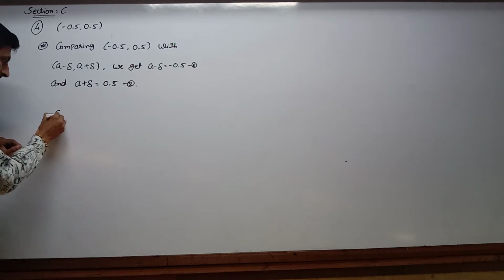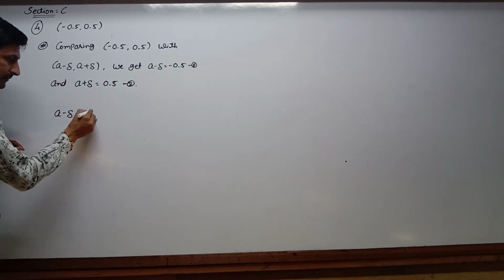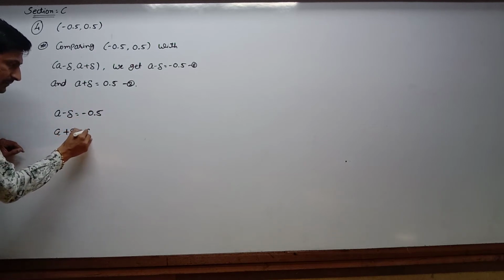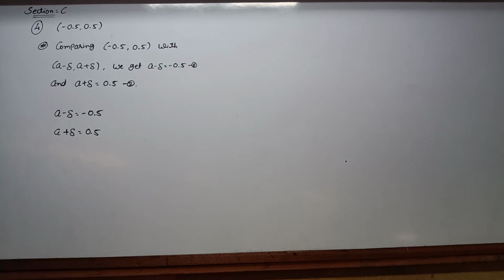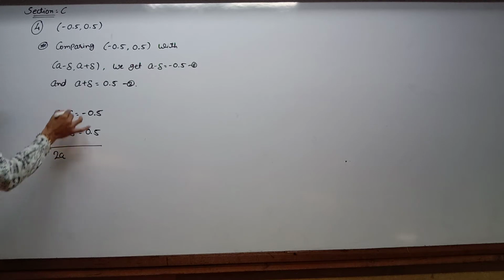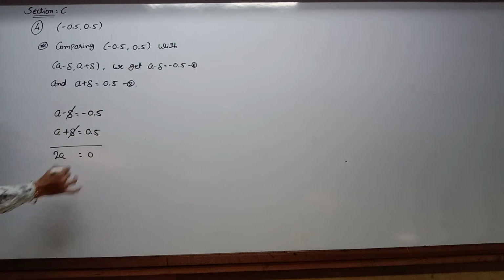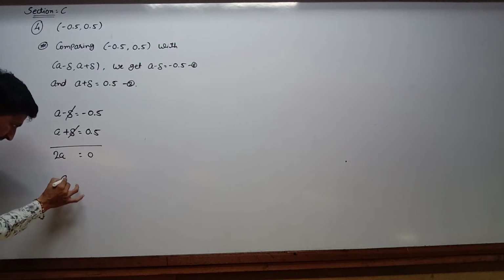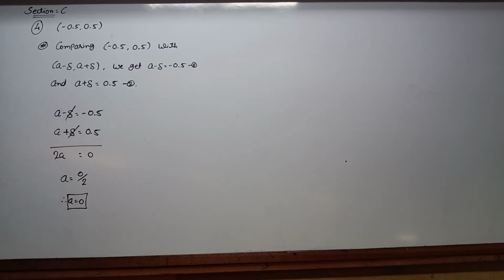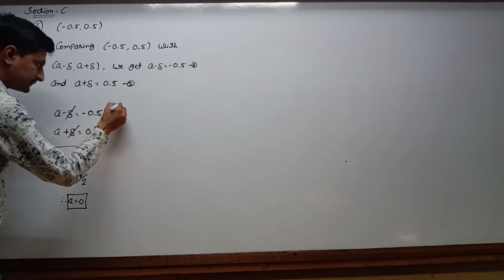Comparing: a minus delta is equal to minus 0.5 and a plus delta is equal to 0.5. Now next step, a plus a is 2a, minus delta plus delta cut, minus 0.5 plus 0.5 is 0, therefore 2a equals 0, so a equals 0 by 2, value of a is 0. Putting in any one equation, find the value of delta.